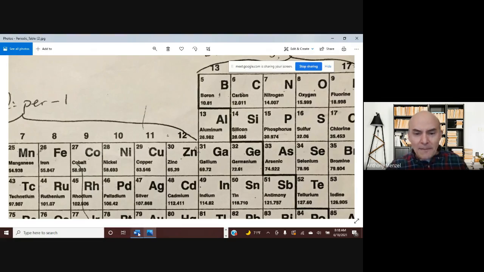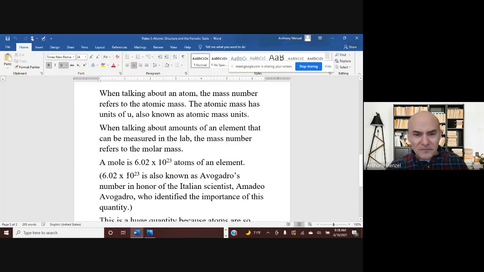Now, when we talk about moles, what is a mole? A mole is 6.02 times 10 to the 23 atoms of an element. This number, 6.02 times 10 to the 23, a number that you should memorize, is also known as Avogadro's number in honor of the Italian scientist Amedeo Avogadro, who identified the importance of this quantity.